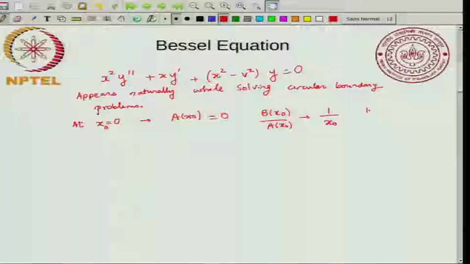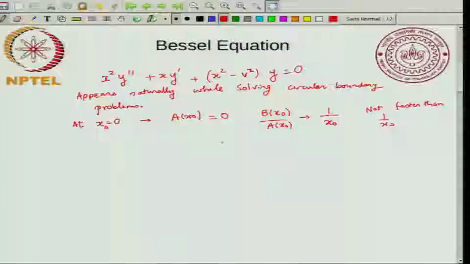So this is not faster than 1 over x0, that means it is 1 over x0 to a power that is not greater than 1.